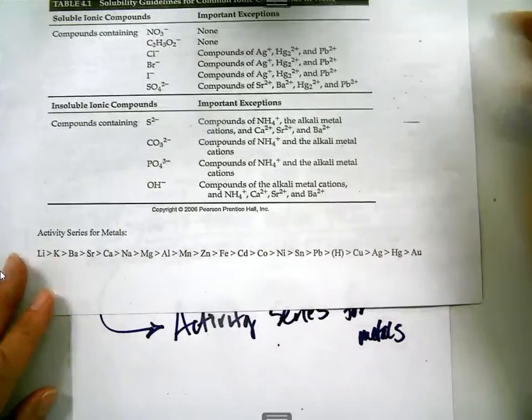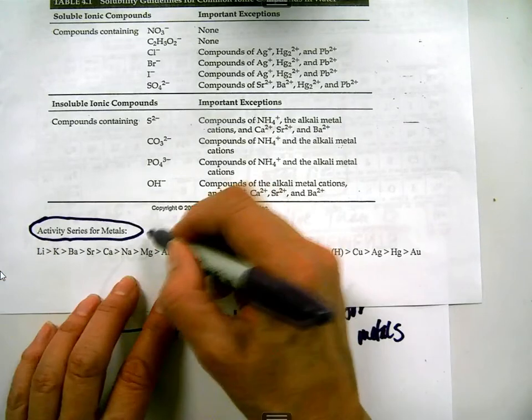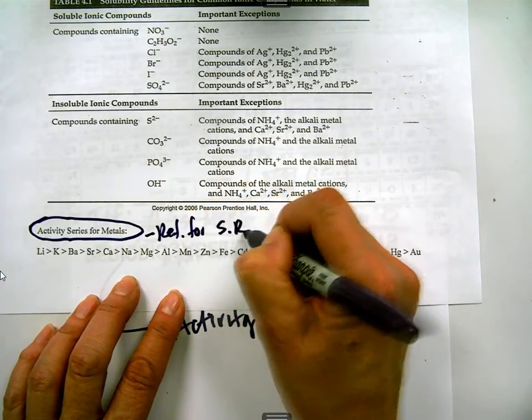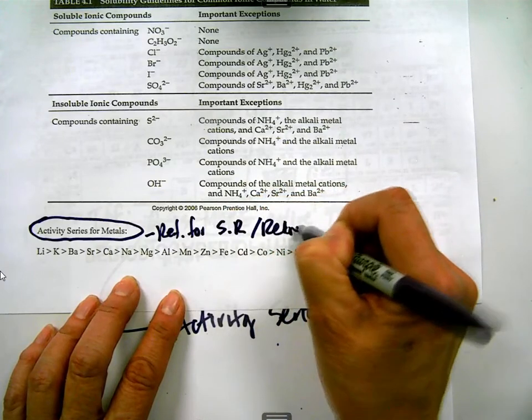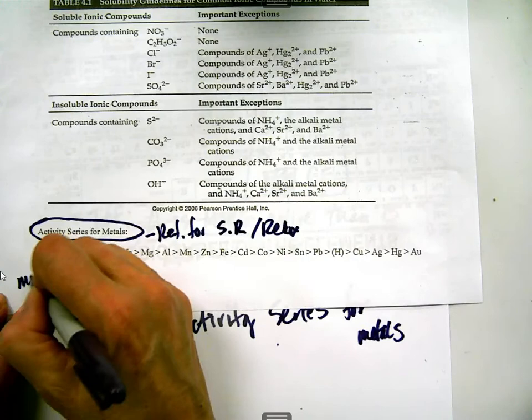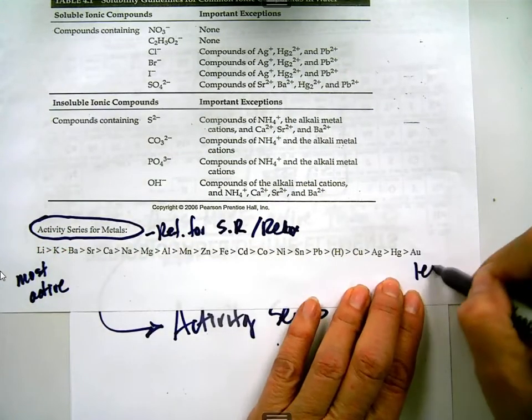Here's the activity series for metals. All right? So this is your reference for single replacement or redox reactions. So these are the ones that are the most active. These are the ones that are the least active.